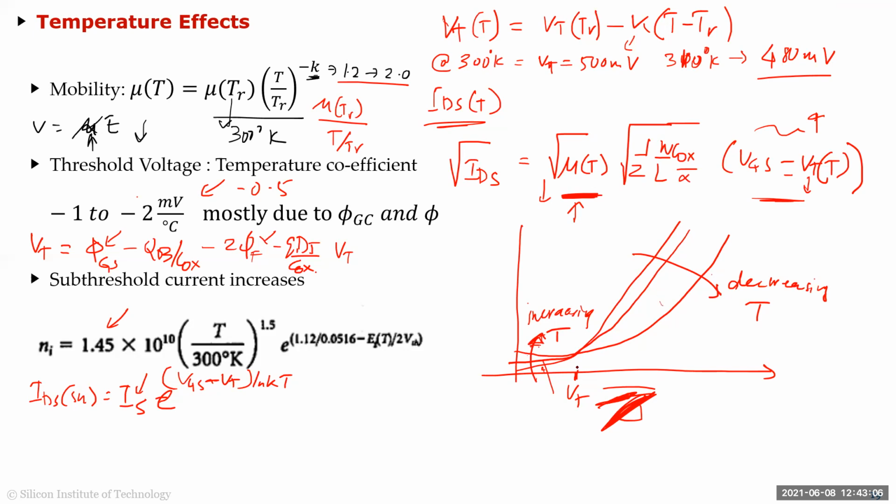So you'll find one point here which is almost independent of temperature. The idea is, if you can bias it exactly at this point, it'll be almost independent of temperature. And in analog, we actually look for temperature independent current because that's how we bias our circuit and all that.